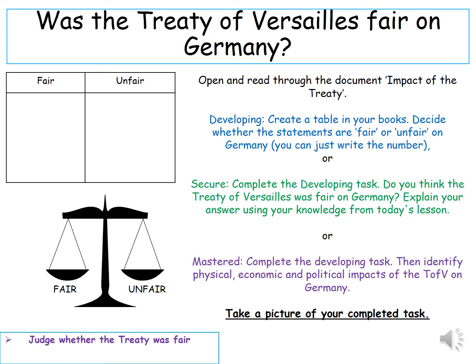Economic, I think, is straightforward, anything to do with money, but obviously if you've taken away a very important industrial region of Germany, it will have a physical impact and an economic impact. And then political impact. So we're referring to who's in charge of the country and maybe how much of a say they have of the country. Once you've done that, you can take a picture and upload to Class Charts.